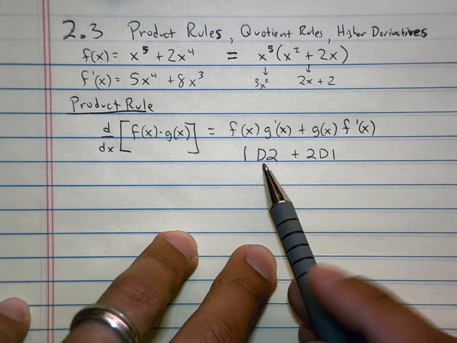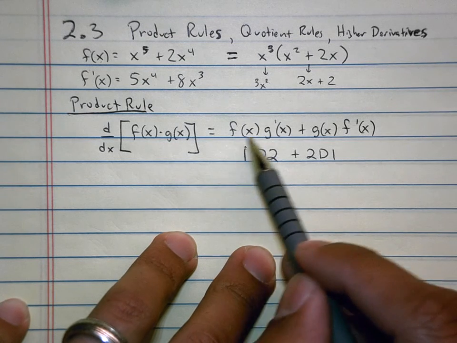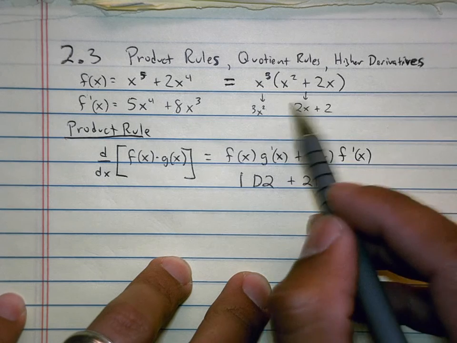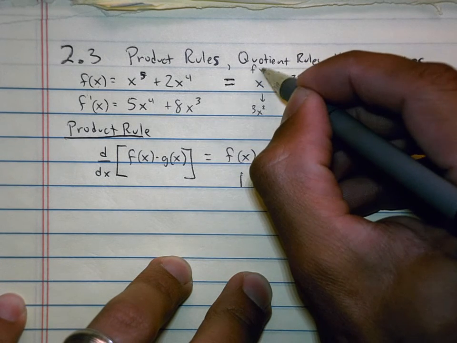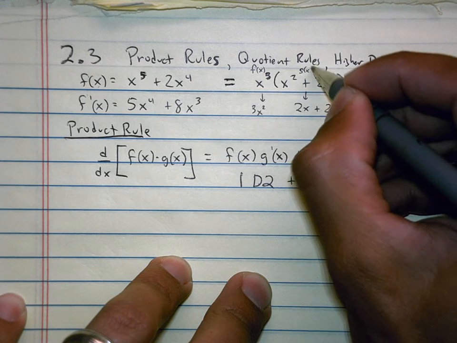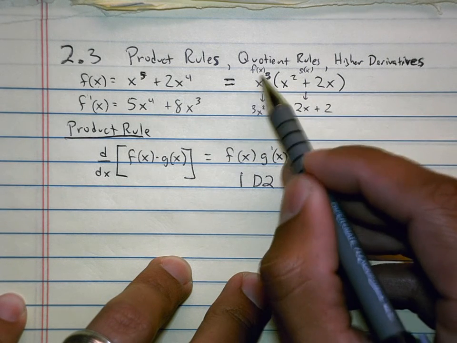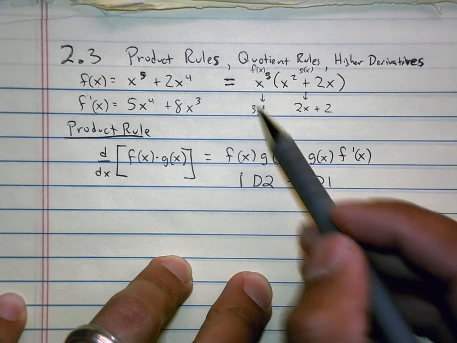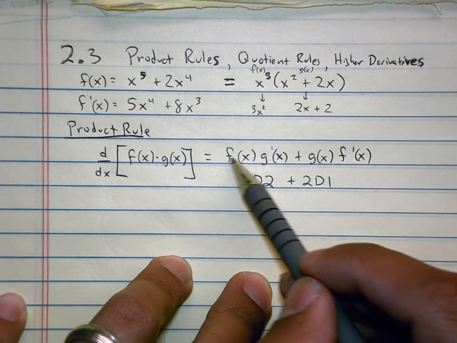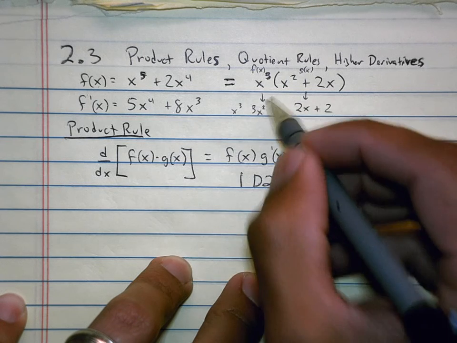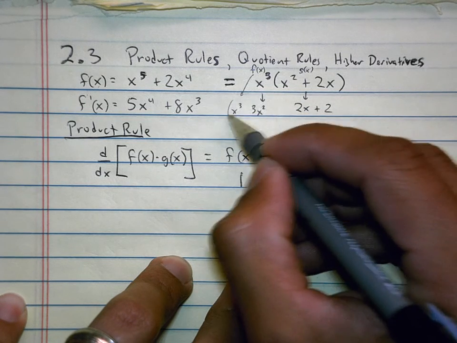Here's what it means. You take your first thing. Let's go back to that problem up here that didn't work out for us. Let's treat it like this is f of x, and let's treat this like it's g of x. Like this is one set of variables, and this is the other set of variables. This formula would be, okay, you write down f of x, you write down x to the third, f of x.